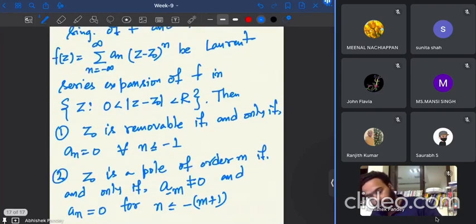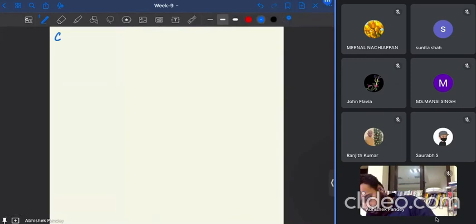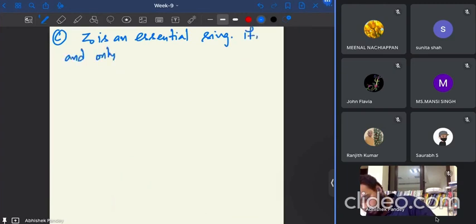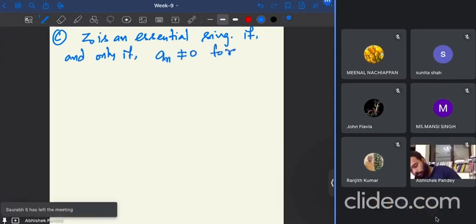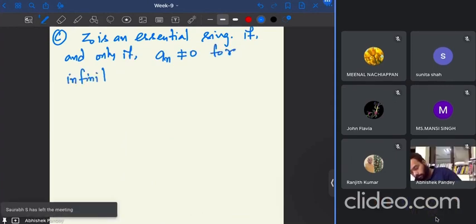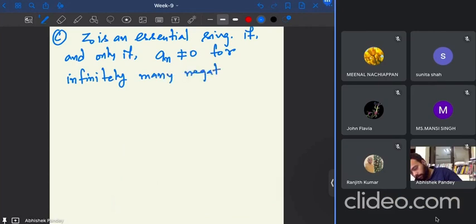And the third thing says z naught is an essential singularity if and only if a_n is not equal to 0 for infinitely many negative integers n.